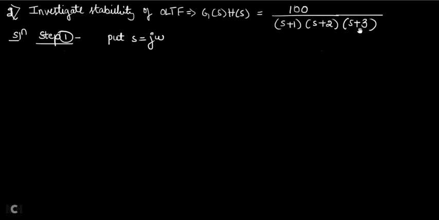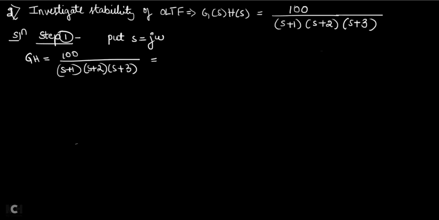Now, as I told in the previous video lecture, the first step: s is equal to j omega. So when you put s is equal to j omega, you will get G into H is equal to 100 divided by (s plus 1) into (s plus 2) into (s plus 3).